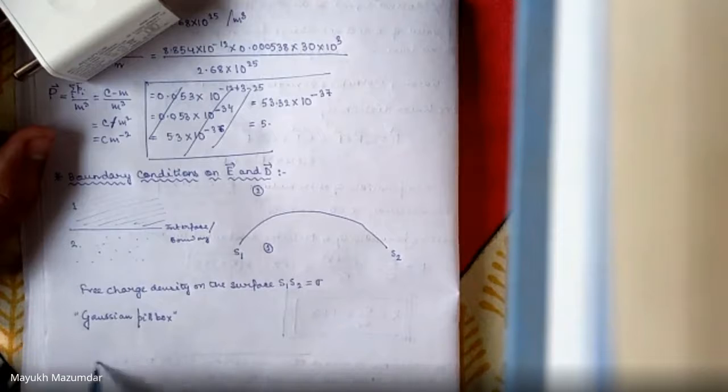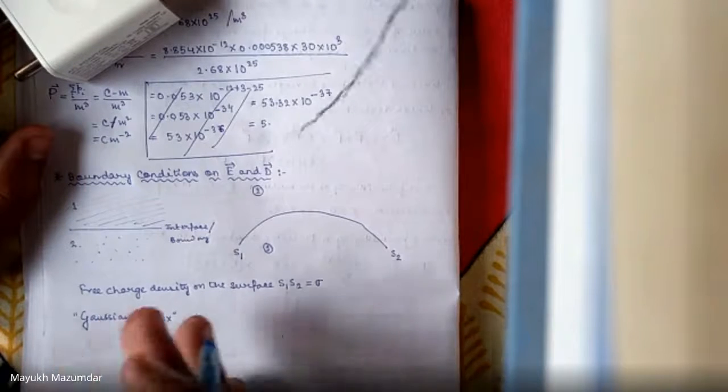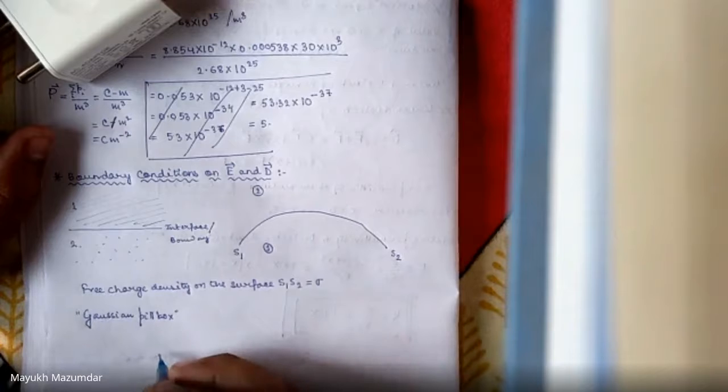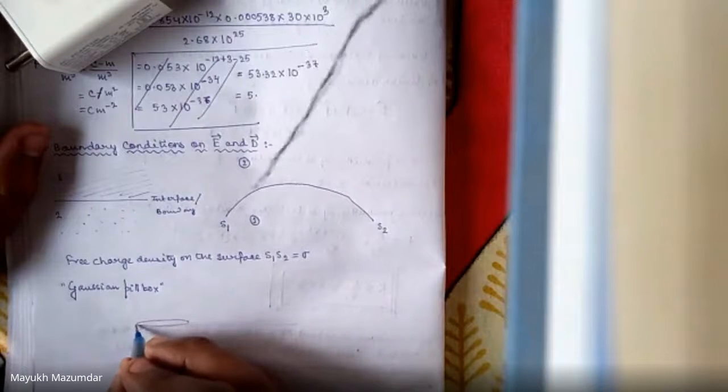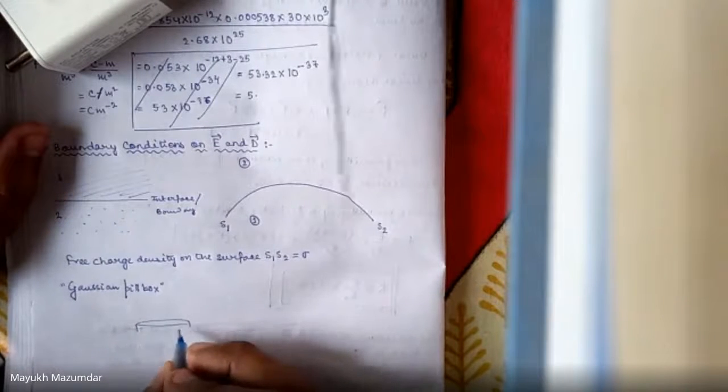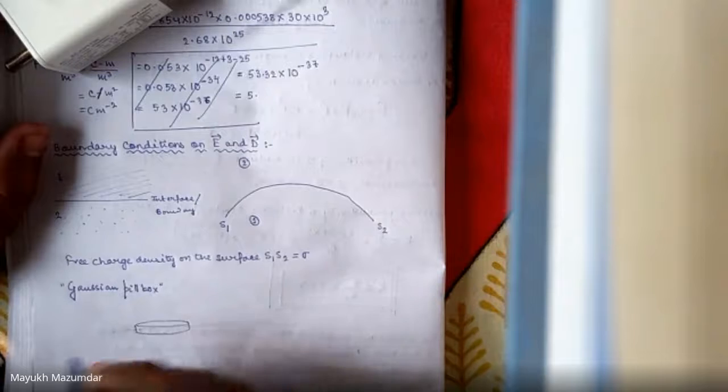When we tried to find the electric field due to an infinite plane conducting surface, we used to draw a pillbox kind of thing. A pillbox is a shape whose cross section is much larger compared to the height.